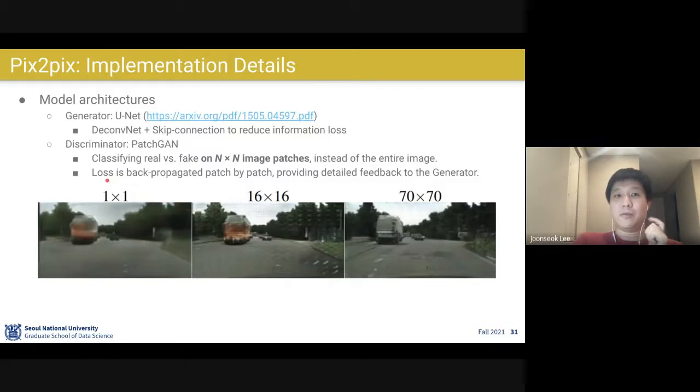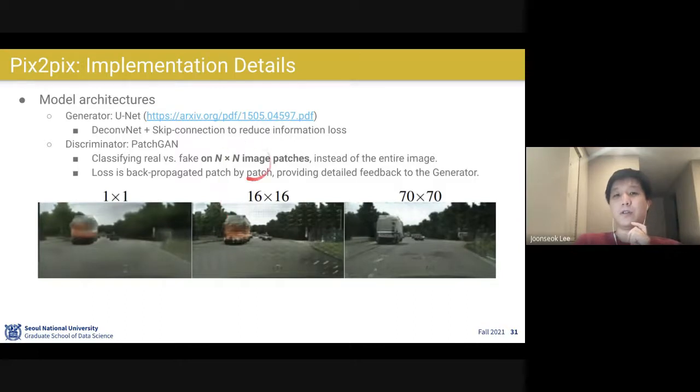Okay, so for their implementation details, they used UNet, and they proposed the PatchGAN, which is the discriminator. With this PatchGAN, they decide real versus fake based on each n by n patch. So if it's 1 by 1, then the entire image is determined as either real or fake, as in the previous GAN.